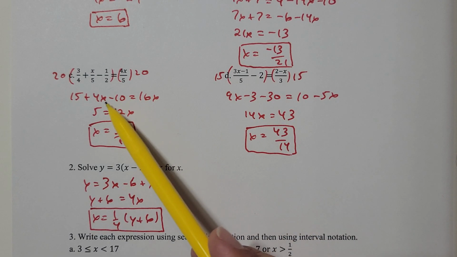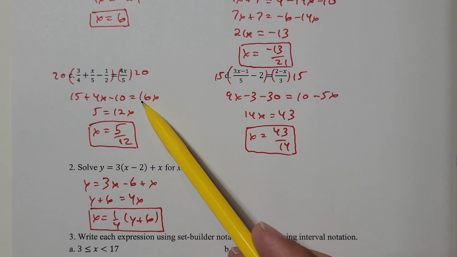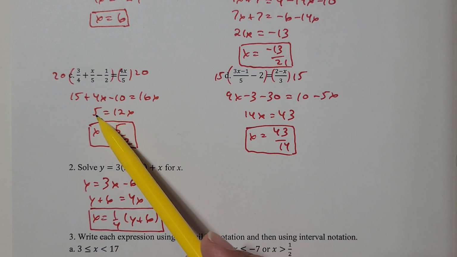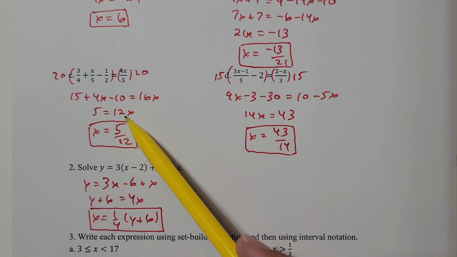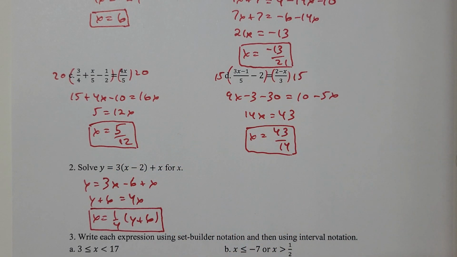So then I'm subtracting 4x from both sides. And then 15 minus 10 is 5. And then we're subtracting 4x. So 16x minus 4x is 12x. And then divide by 12 there. So x would be 5 over 12, that'd be the answer.